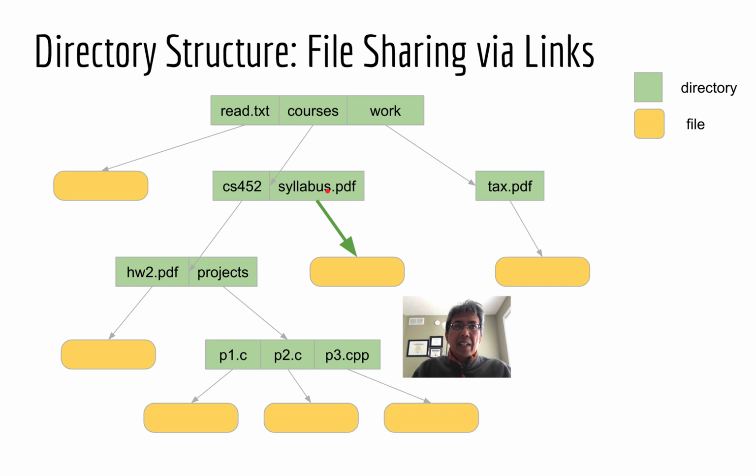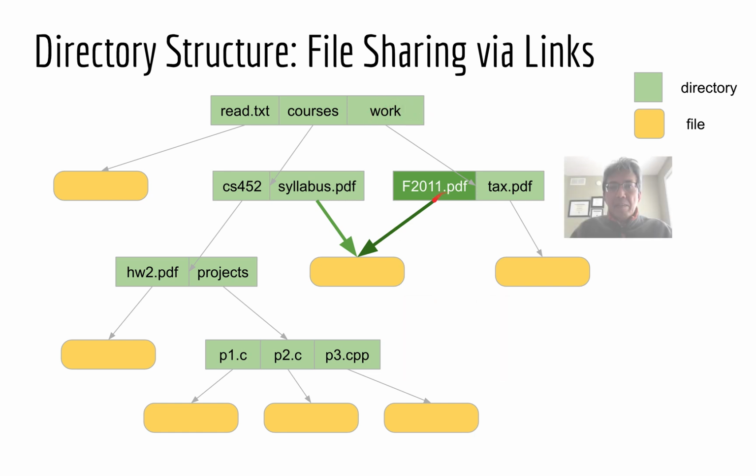Now let's say the next day you decide to reorganize your files into a different structure, and now you want to see the same file show up under your work subdirectory. Instead of making a second copy of the file, what you can do is just make a link to the same file in your work subdirectory.